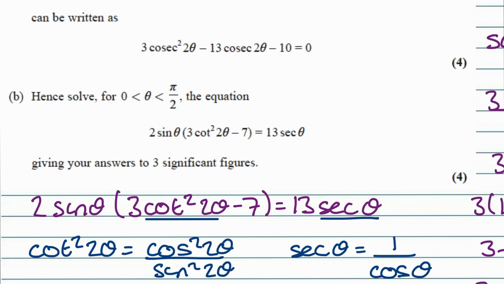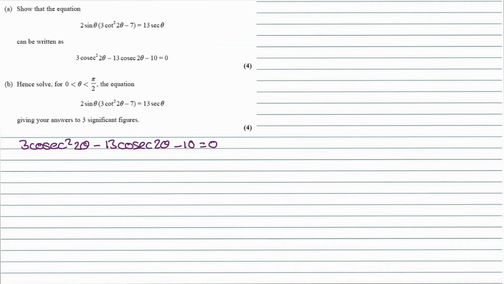Do you want to try question B using what we've done here to solve this equation? You can pause the video and come back when you're ready. Okay, so how did you get on with that? If we begin by letting x equals cosec 2 theta, then we can write this as a simple quadratic. We'll have 3x squared minus 13x minus 10 equals 0.